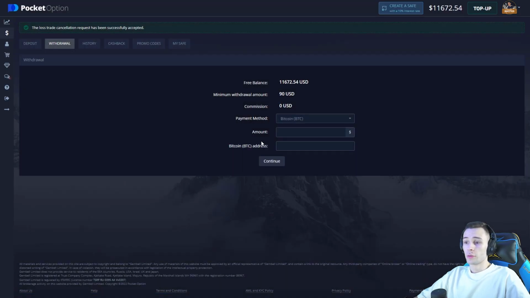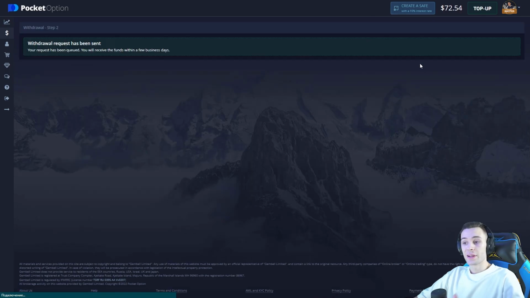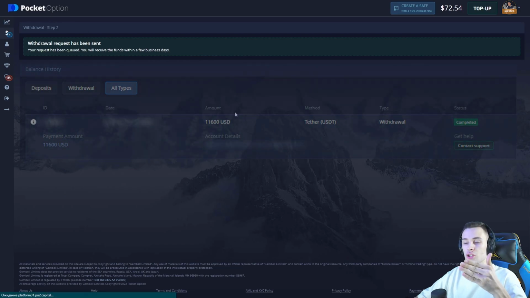Let's move on to withdrawal right away, and let's withdraw, I guess, 11,000. Press the continue button, and that's it. The transaction is being processed. Wow, it'll show the screen where it's successfully done, and that's what we managed to get today.